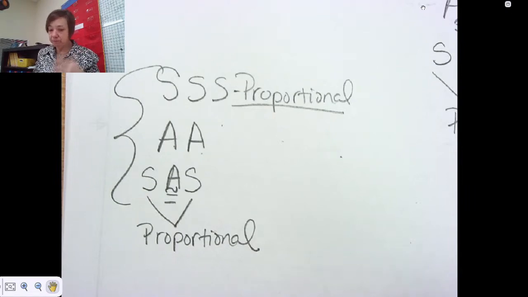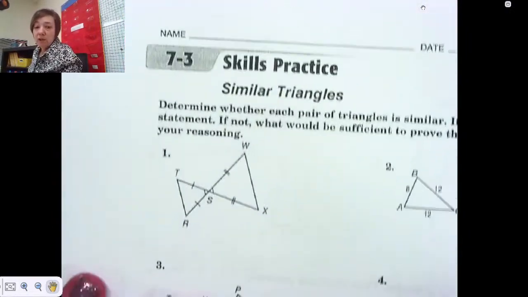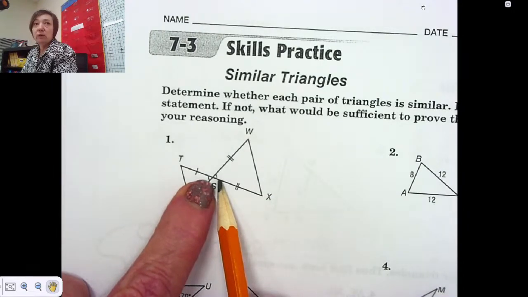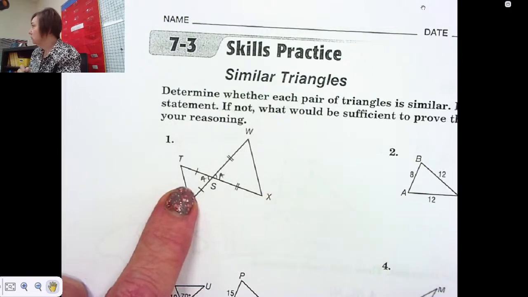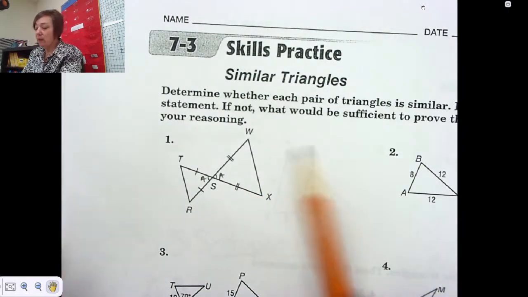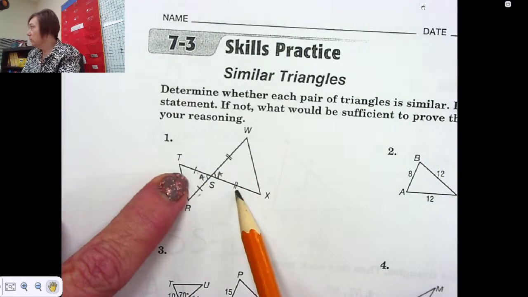All right? So now, if we go to our sheet, look at number 1. On number 1, it shows that this angle is congruent to this angle. So we know that we have one angle congruent to one angle. Then, notice they didn't give us any numbers on this, but they did tell us that this and this are the same, and this are the same.